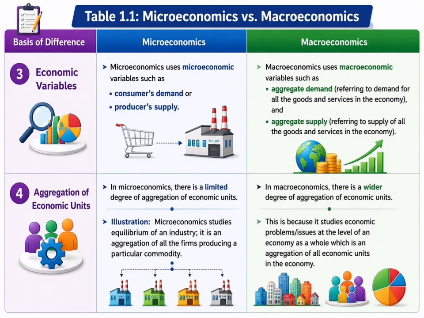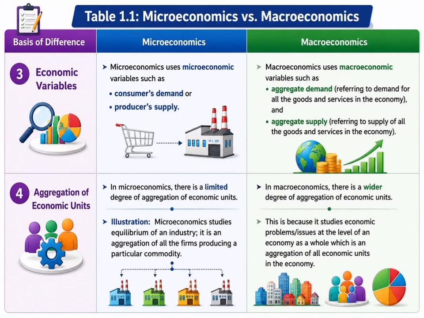Now, in macroeconomics, we don't study one consumer or one producer. Instead, we study aggregate demand and aggregate supply. Don't worry about the word aggregate. Aggregate simply means total. Aggregate demand means the total demand for all goods and services in the entire economy.